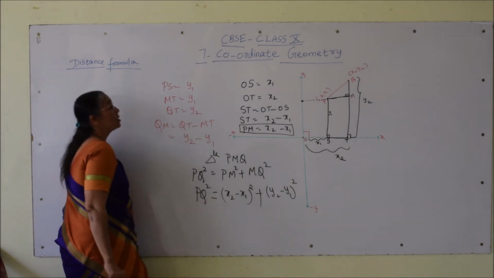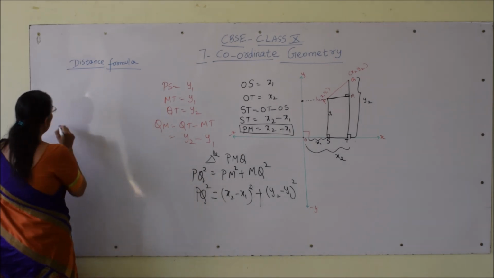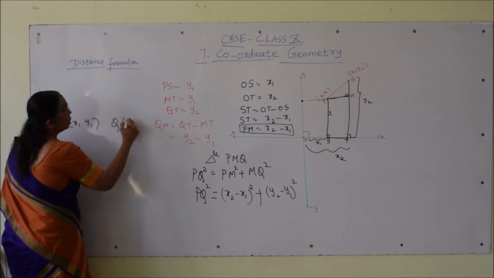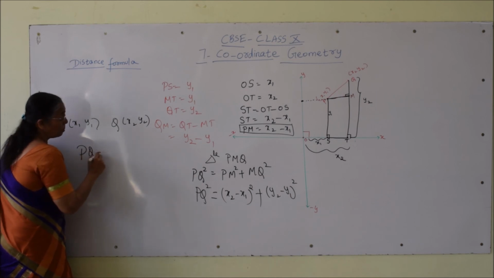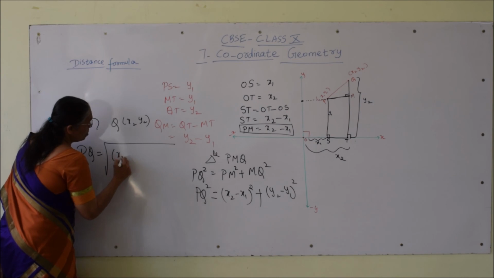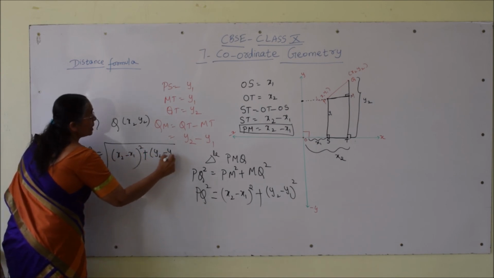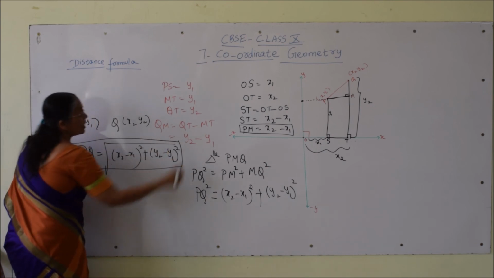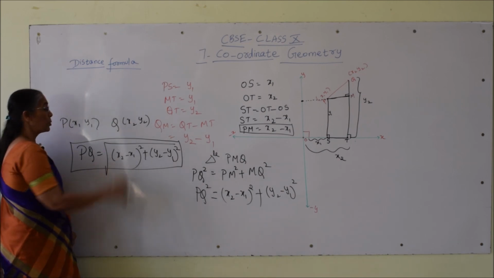Our aim is to find the distance between the points P (x1, y1) and Q (x2, y2). So, PQ is nothing but root over (x2 minus x1) whole square plus (y2 minus y1) whole square. This is the distance between 2 points (x1, y1) and (x2, y2) in a plane.